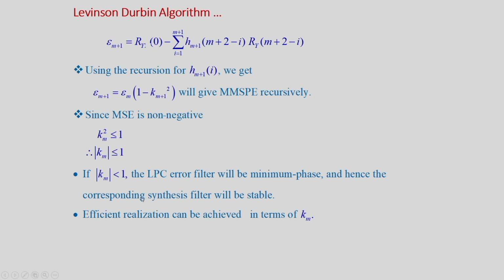So, that is one advantage of denoting the model parameters by the reflection coefficients and the corresponding estimation error. Efficient realization can be achieved in terms of k_m. Instead of using h_i's, we can use this k_m reflection coefficient to get some efficient implementation of the prediction error filter, that we will discuss later on.